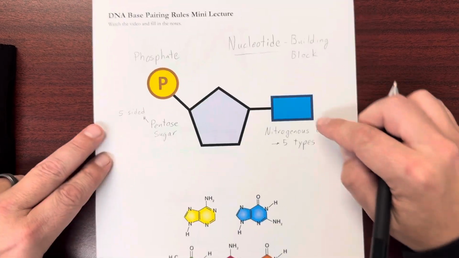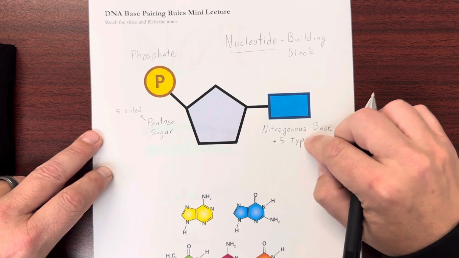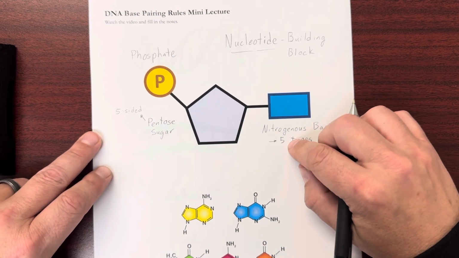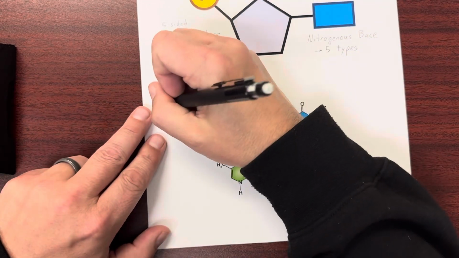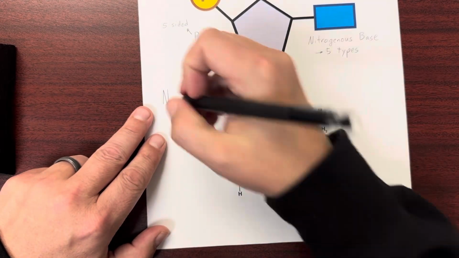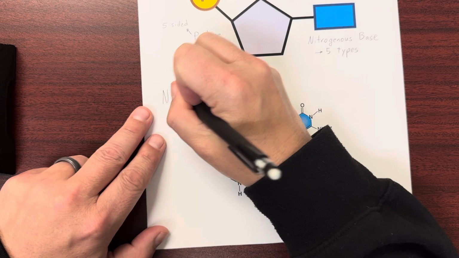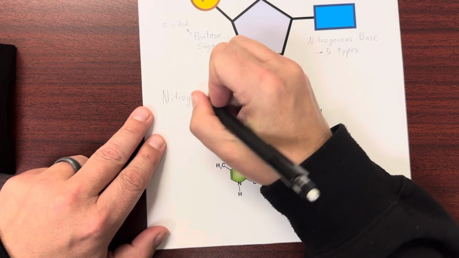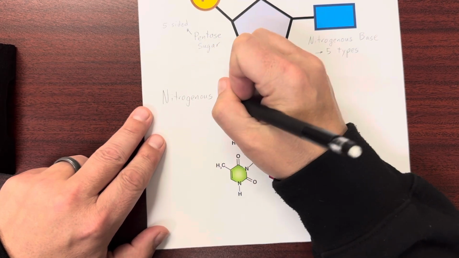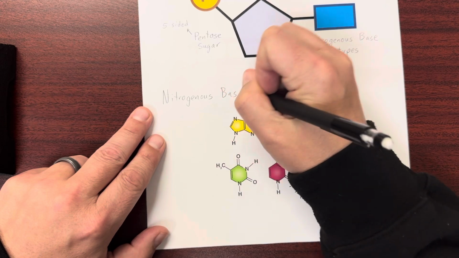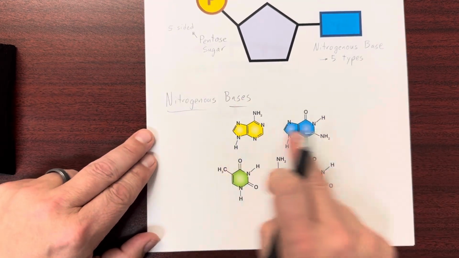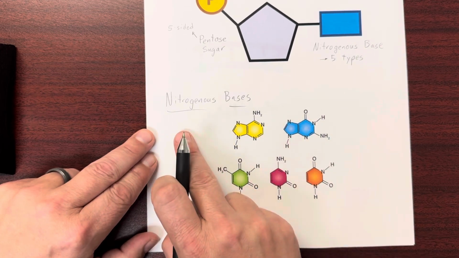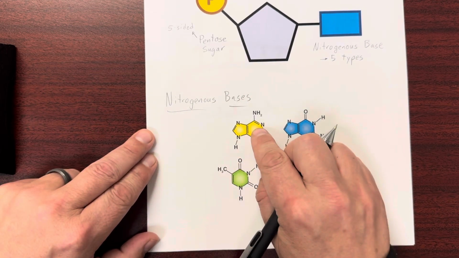So let's take a closer look at the nitrogenous bases, because these are important and we should understand the structure of those. I've got my nitrogenous bases imaged down here. Now you'll notice that this top row has double rings.